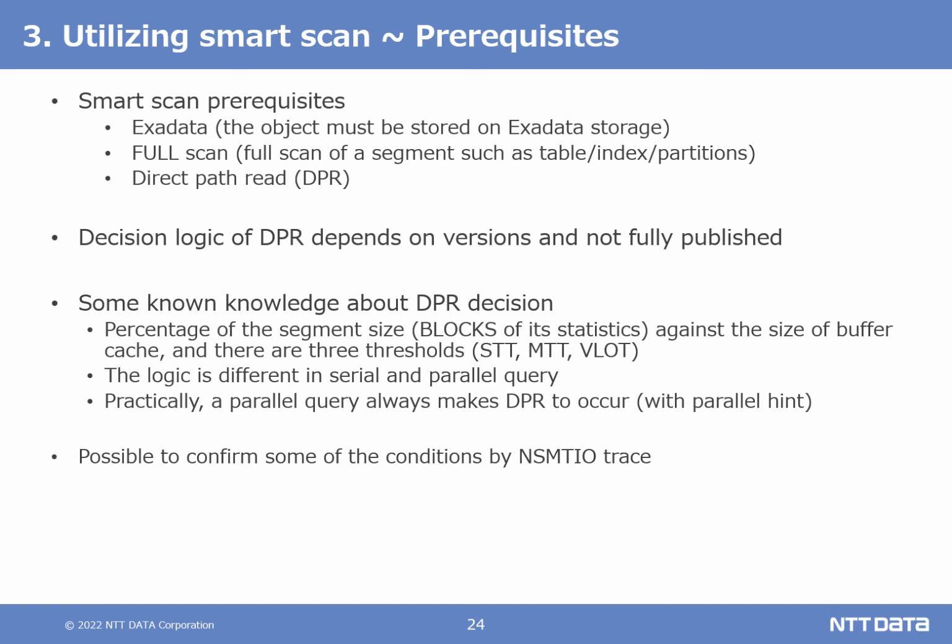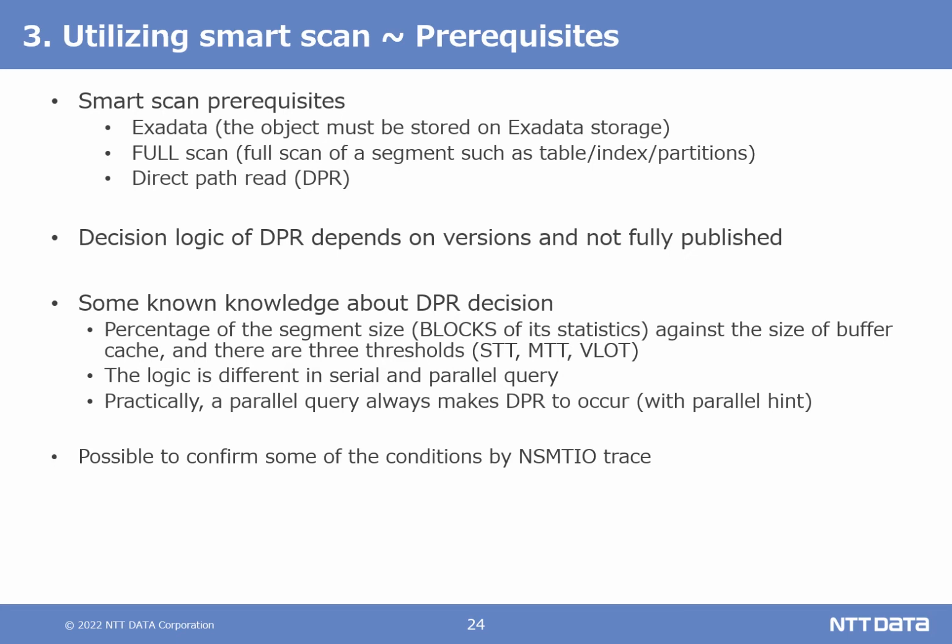The first two conditions are easy to understand, but the last condition is a little bit difficult because the decision logic of direct path read depends on Oracle's versions and has not been published. I think some important points of DPR decisions are the following. DPR happens depending on the percentage of the segment size against the size of the buffer cache.